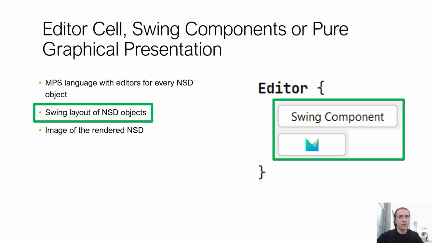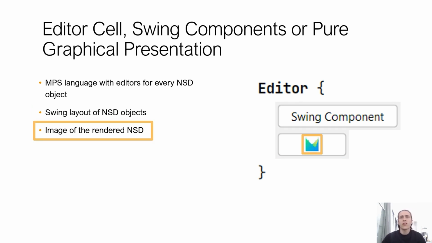I could translate the tree structure of the diagram and the objects into Swing layout with custom component classes. Or I could use the library's built-in renderer to draw images and just put them inside MPS the way the library output them. I prepared a list of pros and cons for each and every one of them.